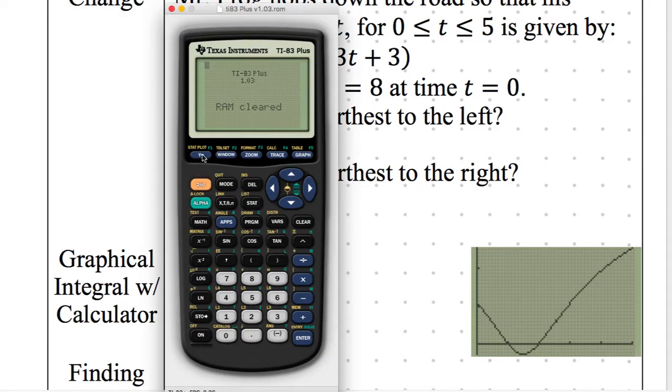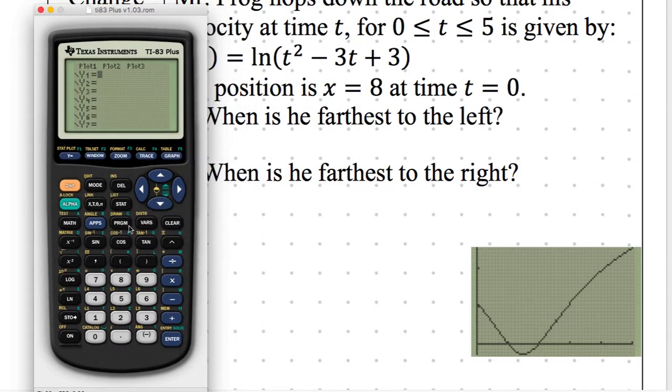All right, so again, we're going to go to y equals, and my function is hidden. There it is. So it's going to be natural logarithm of x squared minus 3x plus 3. And our window is going to be between 0 and 5. So 0, enter, 5, enter.